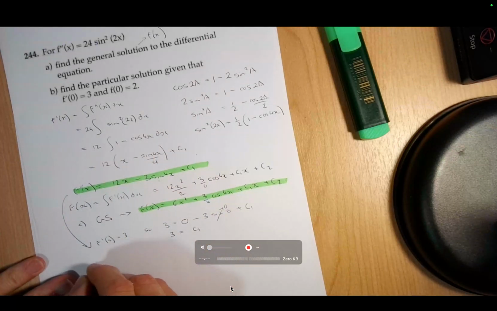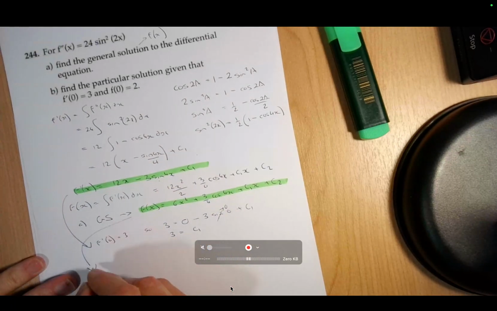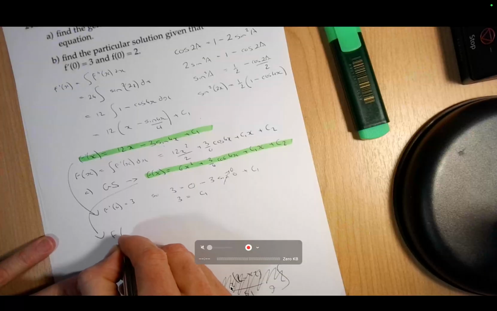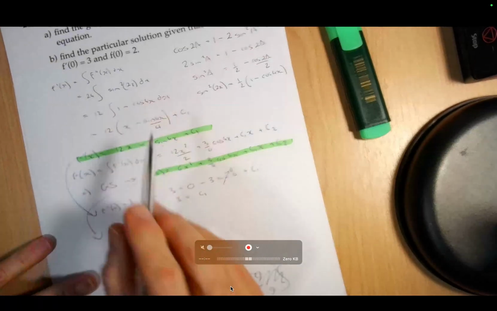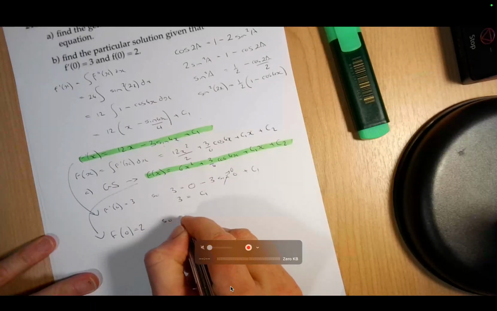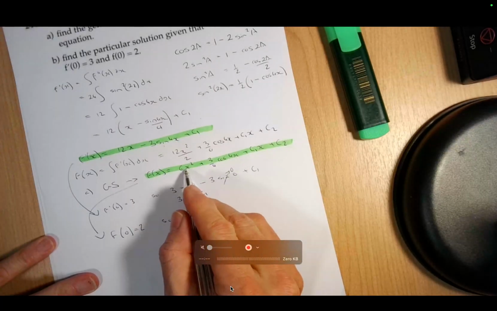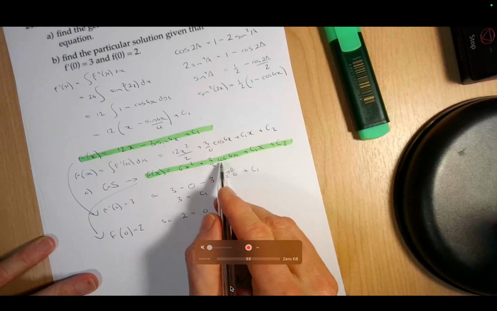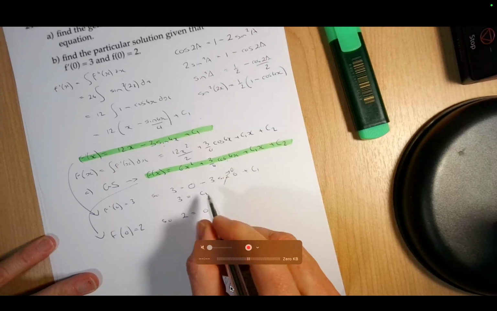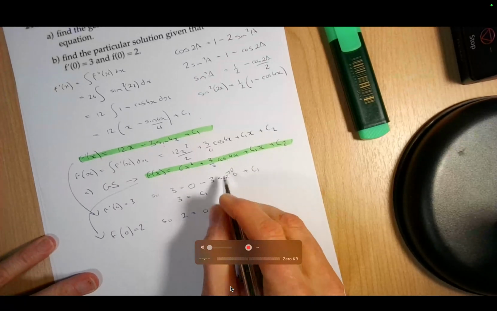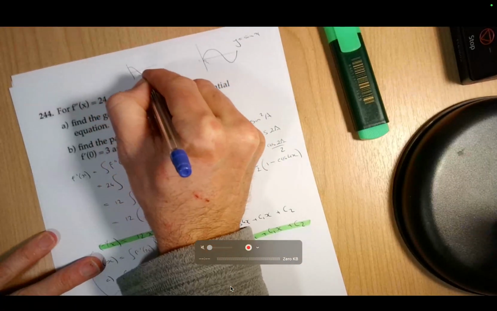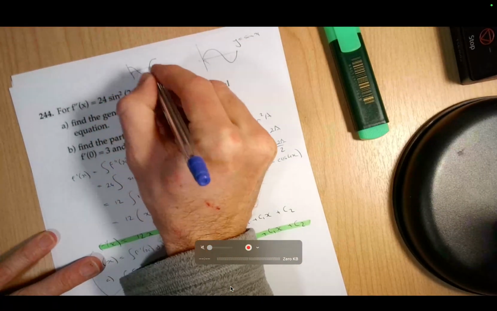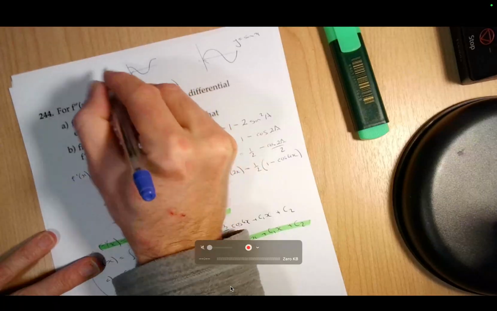There we go. f of 0 equals 2. So 2 equals, put 0 on there, that goes to 0. Now what happens in here? 3/4 cos. What's a cos curve look like? Okay, so what does it suggest?